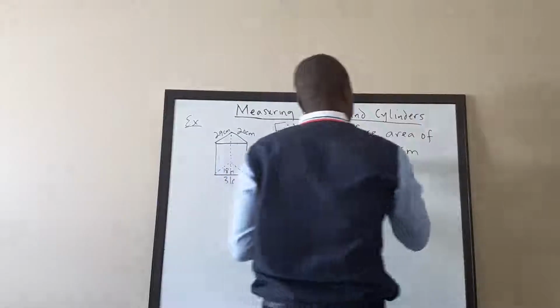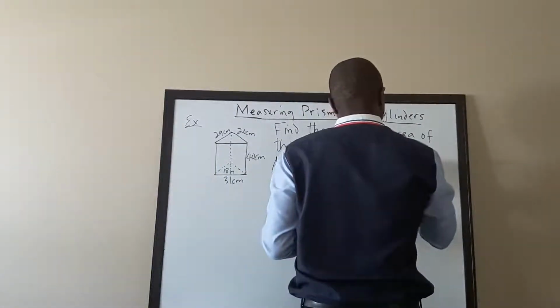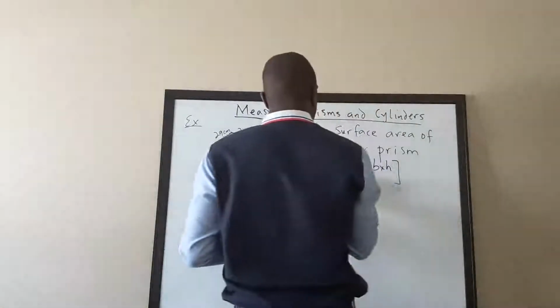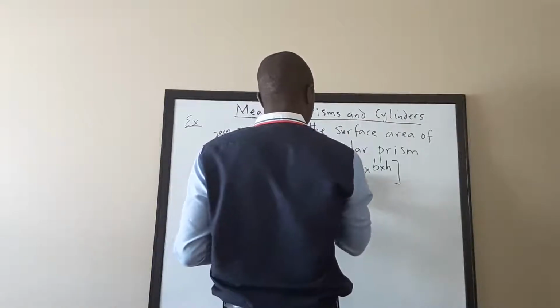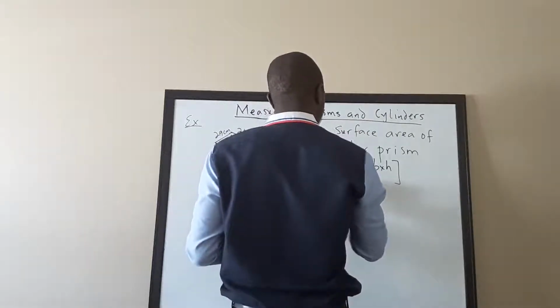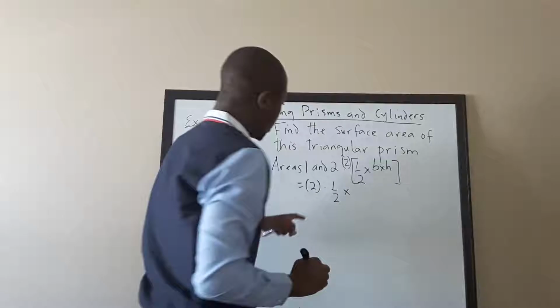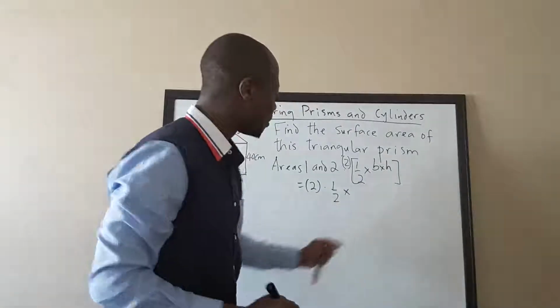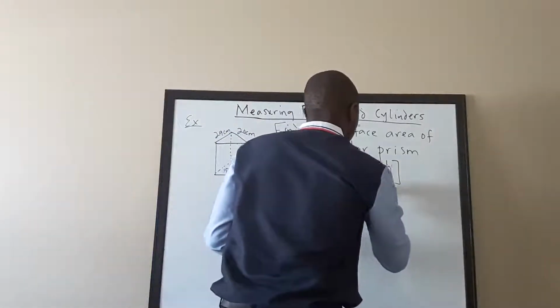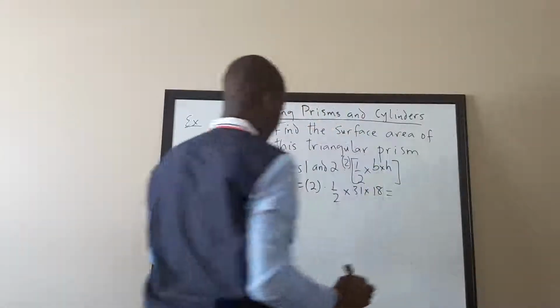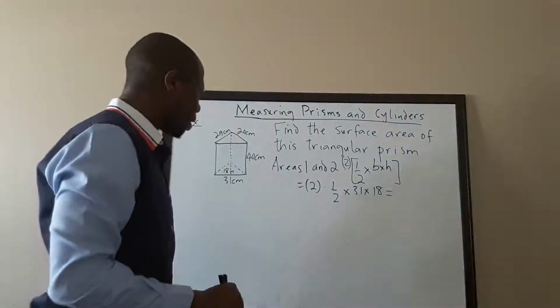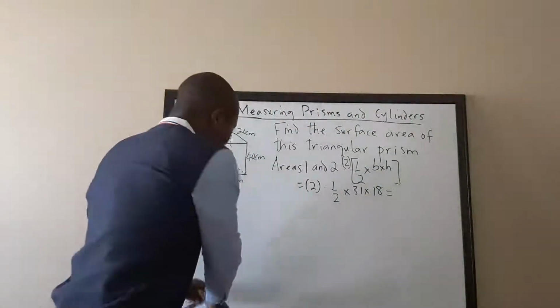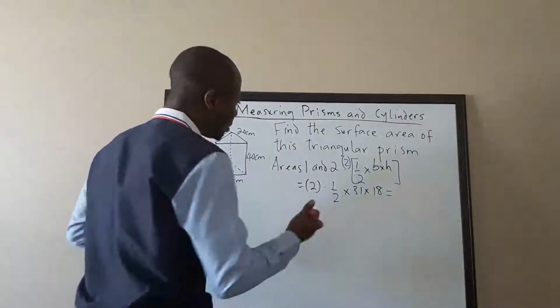Actually, I'm going to start by just writing the formula. So equals 2 times 1 over 2 times base times height, 31 times 18. Now here I can see that the 2's cancel out.